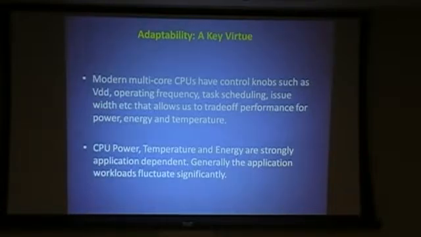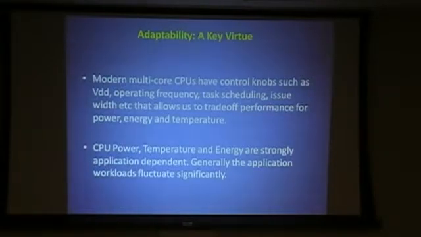These knobs allow you to trade off performance, power, energy, and temperature. For example, if you increase the supply voltage, power increases, but speed increases too. Similarly with frequency: you increase the frequency, your speed increases, but your power increases. Modern computer systems have these knobs available for us to control at runtime.